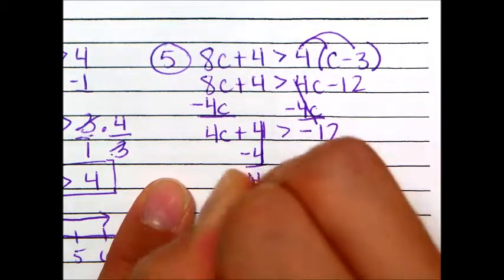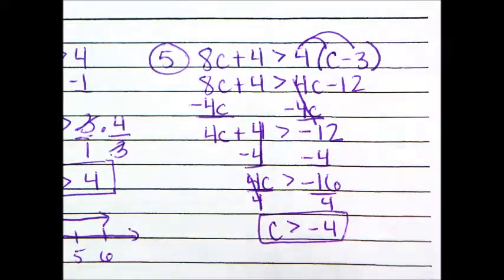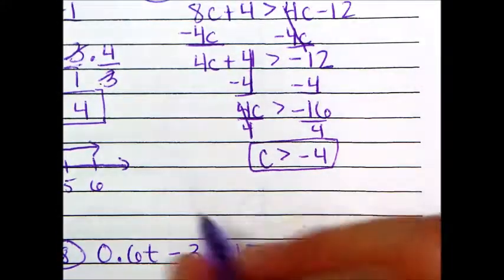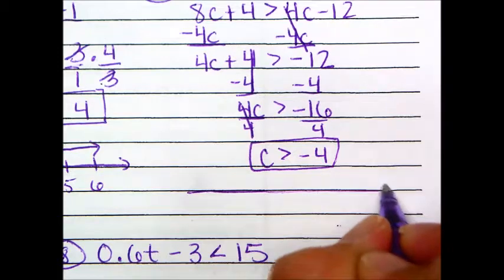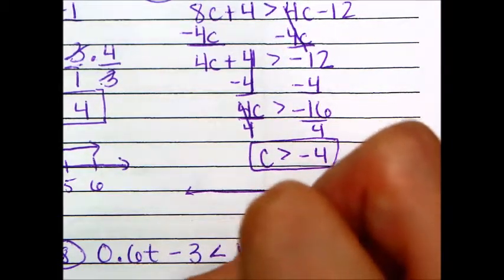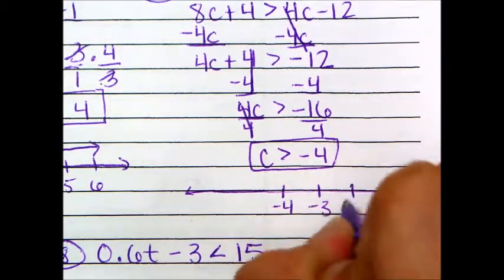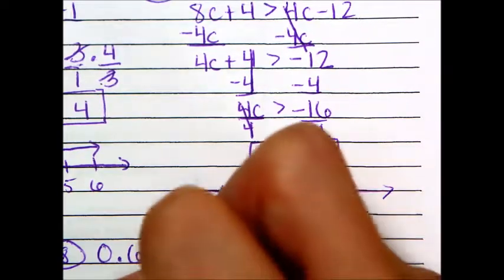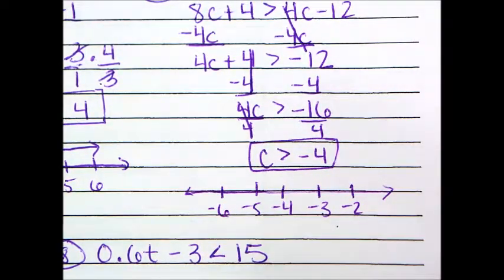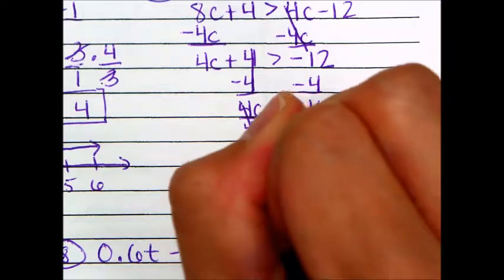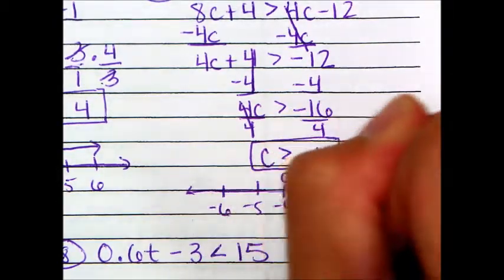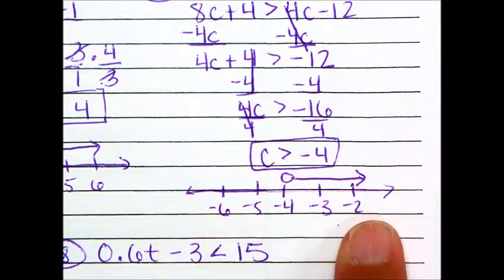So c is greater than negative 4. And to graph that, I would just put a -4 in the middle, an open circle on the -4, and greater than would point to the right.